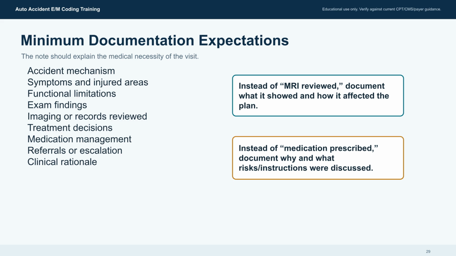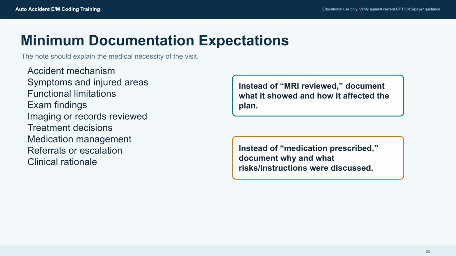For auto accident EM visits, documentation should clearly explain the medical necessity of the visit. At a minimum, the chart should include the accident mechanism, symptoms, injured body regions, functional limitations, relevant exam findings, diagnostic data reviewed or ordered, treatment decisions, medication management, referrals, and the clinical rationale for the plan.